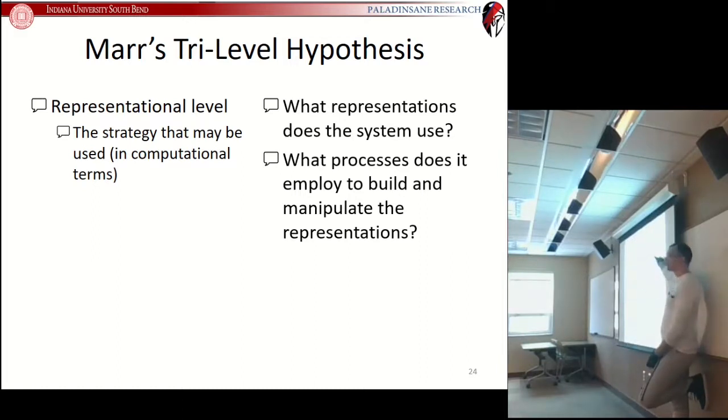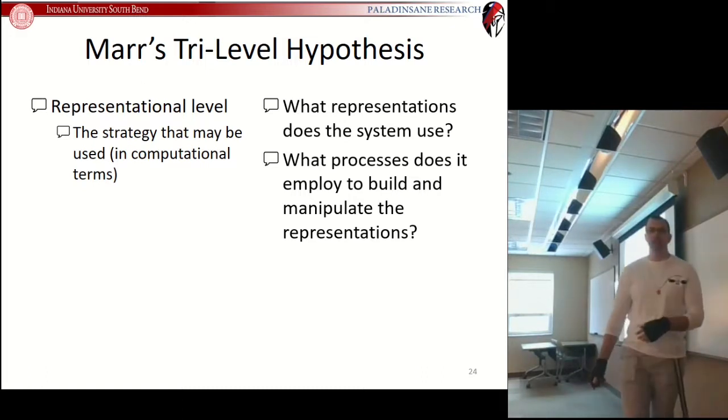So first off, what are the representations? Second off, how are those representations manipulated? How are they combined? How are they deleted? How are they changed? How are they influencing each other? What happens to these representations when they're in your mind? That is also part of understanding that representational level.